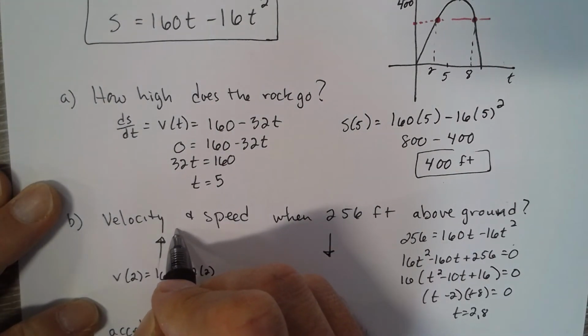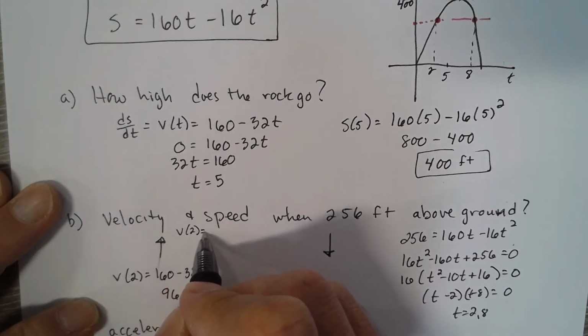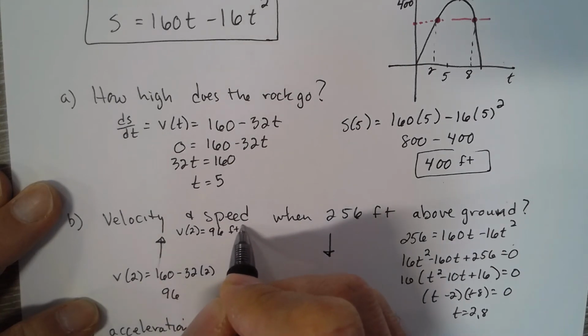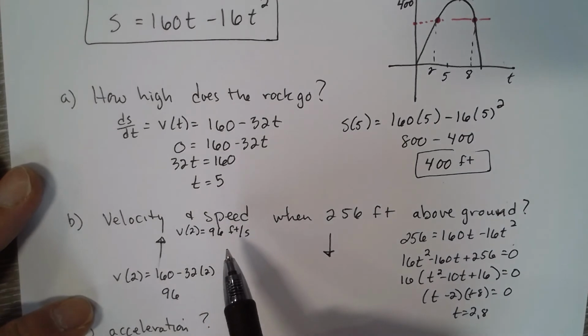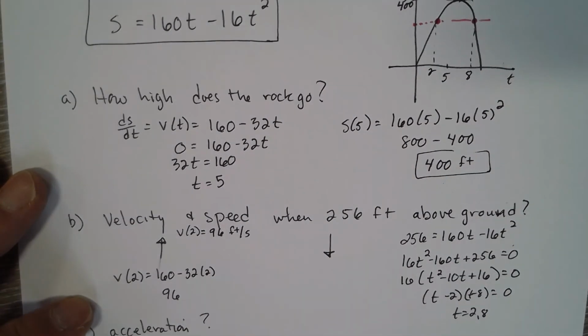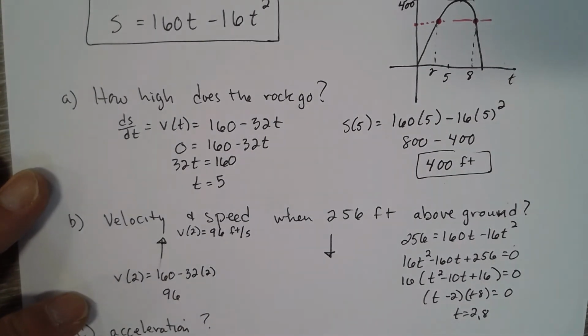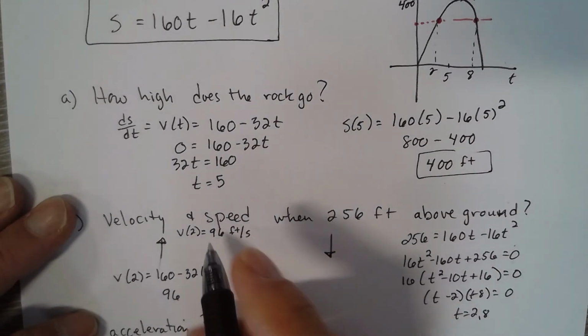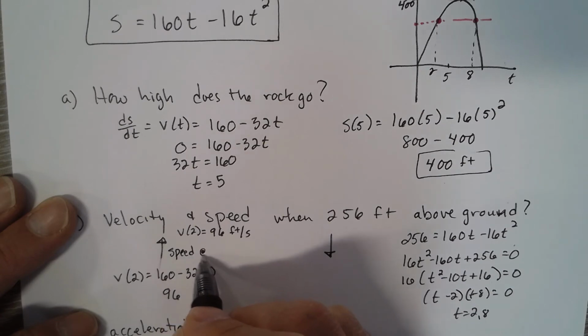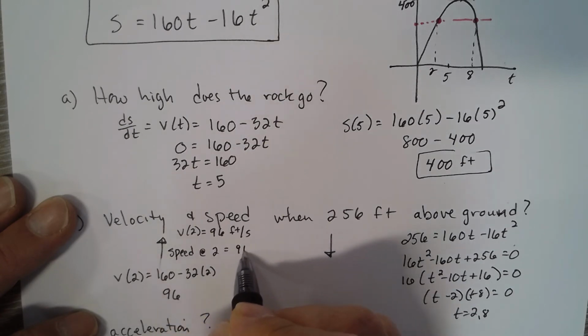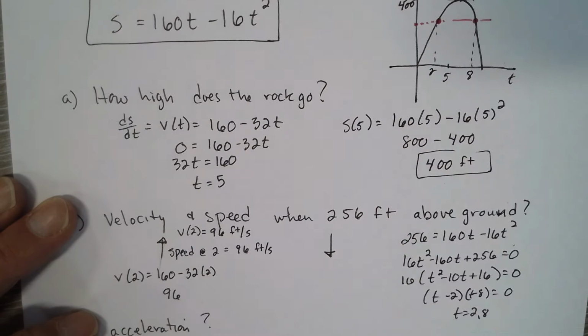What about speed? The speed is always the absolute value of velocity. Speed can never be negative. The velocity at 2 is 96, so the speed at 2 is also 96 feet per second.